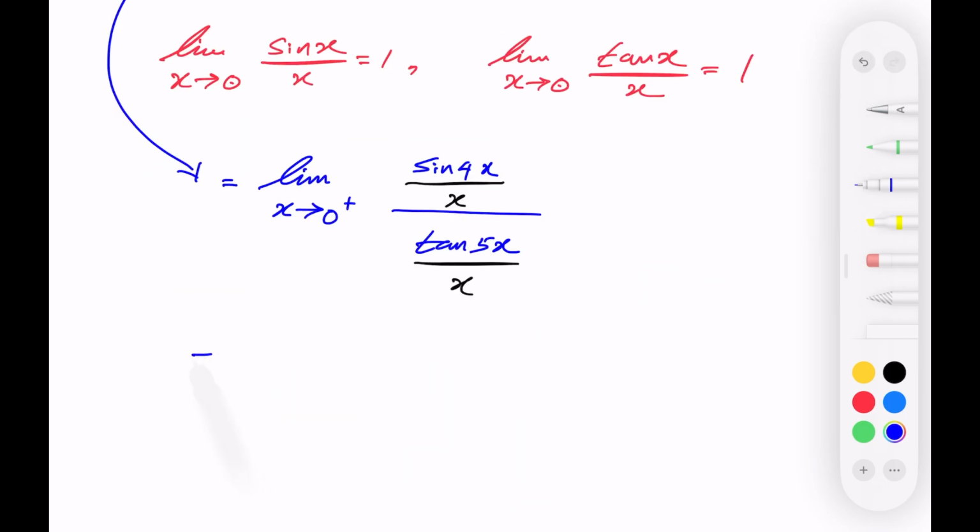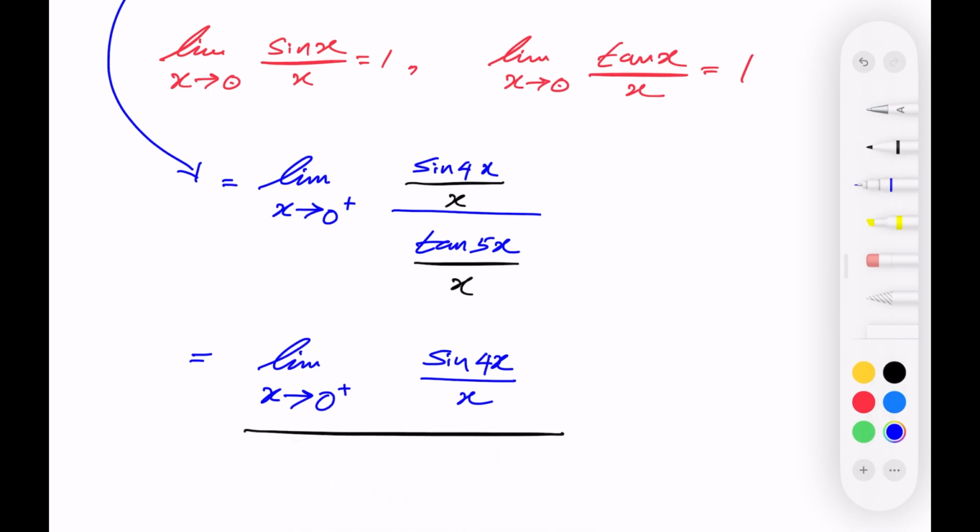I'm going to rewrite this limit problem as it is. x approaches 0 from the right hand side. The numerator we have is sine 4x divided by x so far, and for the denominator, I will write limit as x approaches 0 from the right hand side one more time.